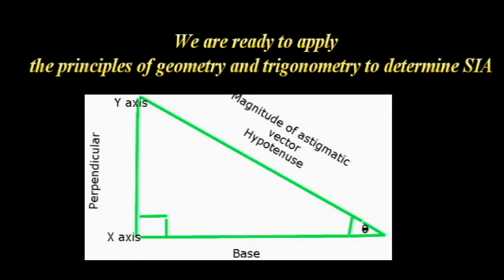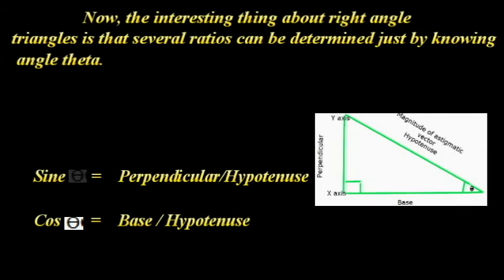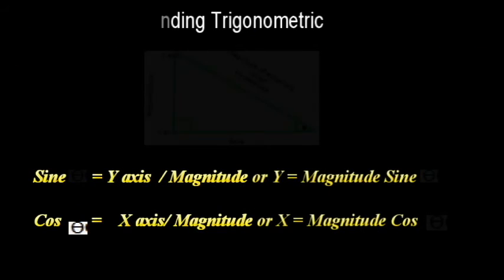This itself can be shown differently, but we are at this point of time not going into that detail, assuming that the hypotenuse is the magnitude here. So sine theta is perpendicular by hypotenuse and cos theta is base by hypotenuse, right? So several ratios are derived here.